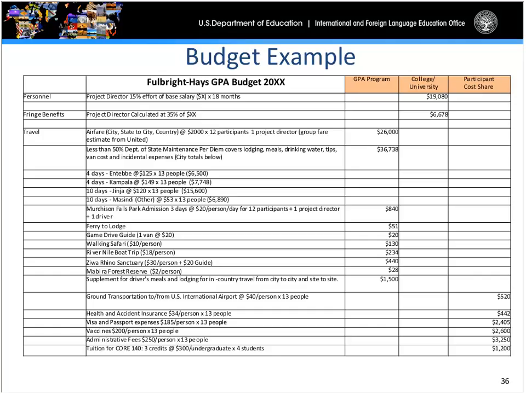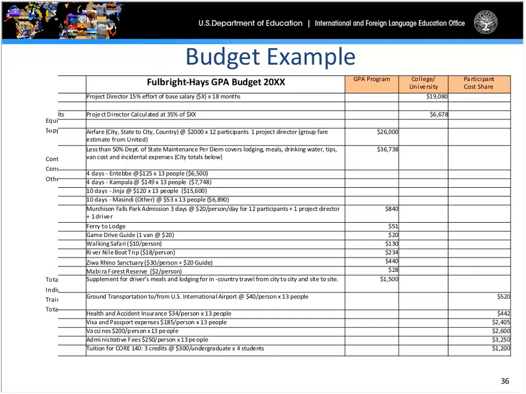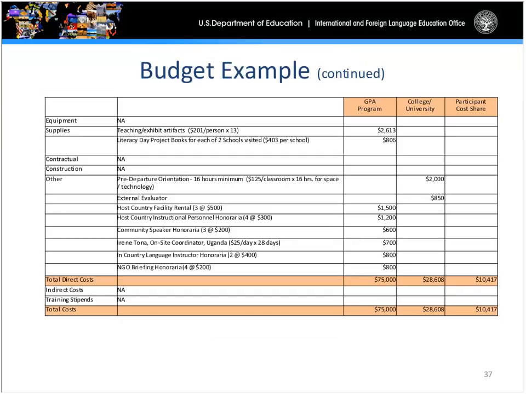Make sure that you outline exactly what the costs are if you are doing multiple seminars within your long-term performance period. It should be very, very clear as to the costs associated with the actual language training, as well as any costs shared by the actual participants. This is a really good example of how those columns are separated and accounted for.